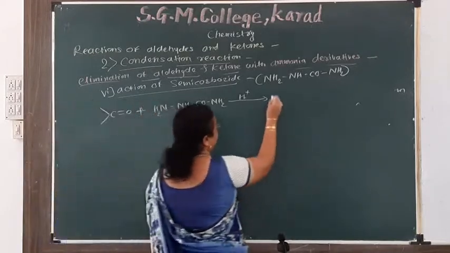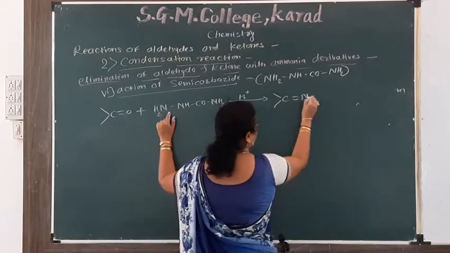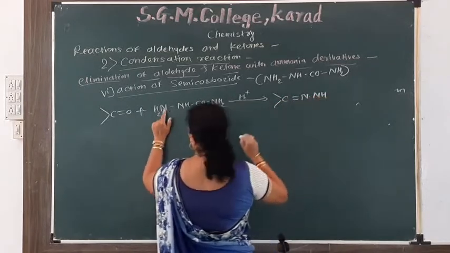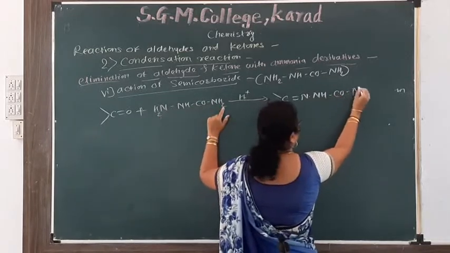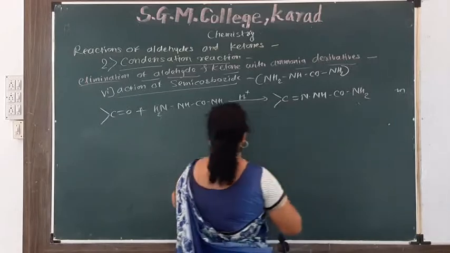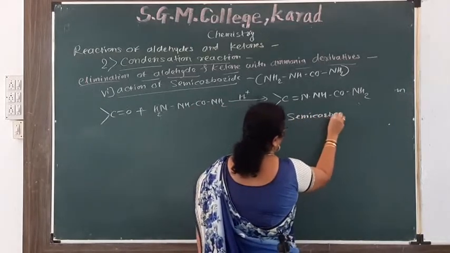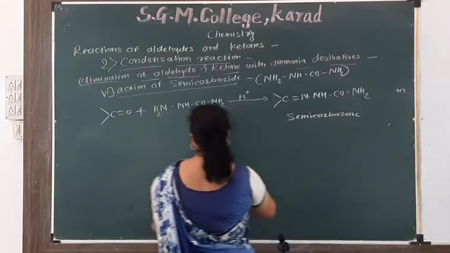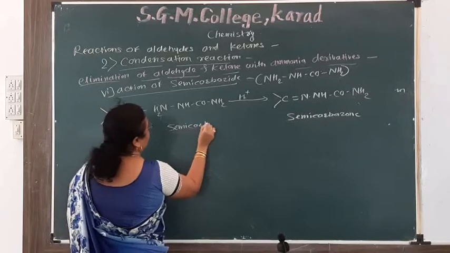And we get here C double bond N NHCO and NH2. This is known as semicarbazone.